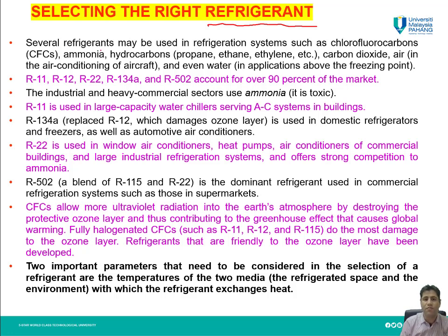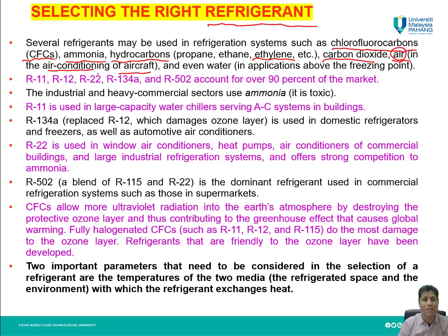We have several different types of refrigerant, which include chlorofluorocarbons or CFCs, ammonia, hydrocarbons like propane, ethane, ethylene, and so on, carbon dioxide, and air, which is a special refrigerant in the air conditioning of aircraft.